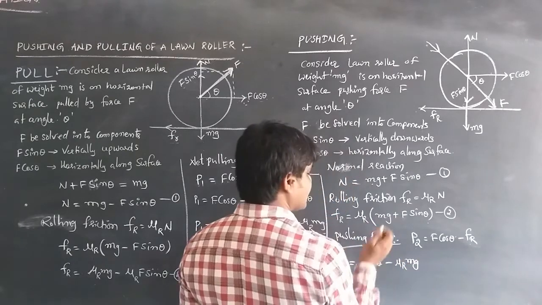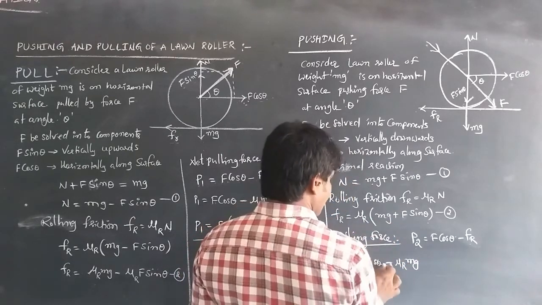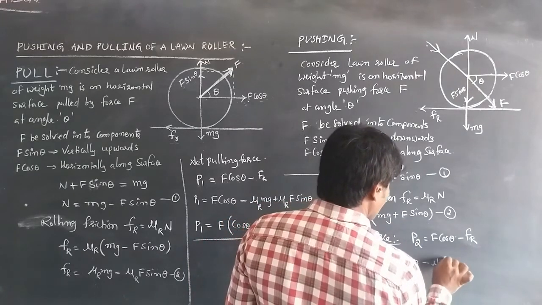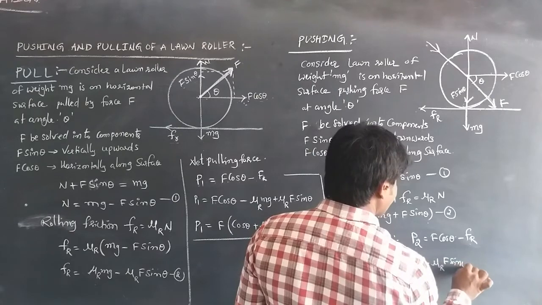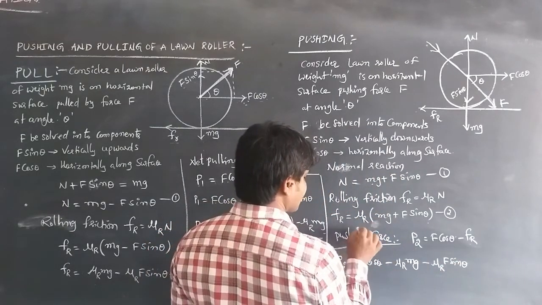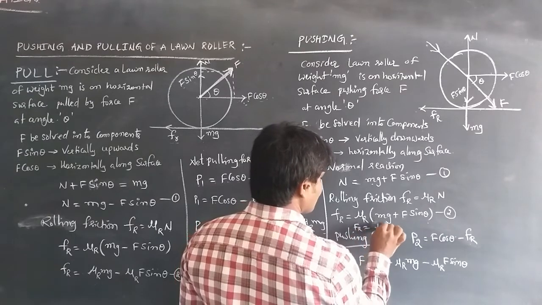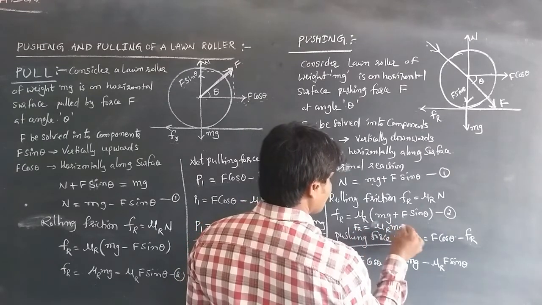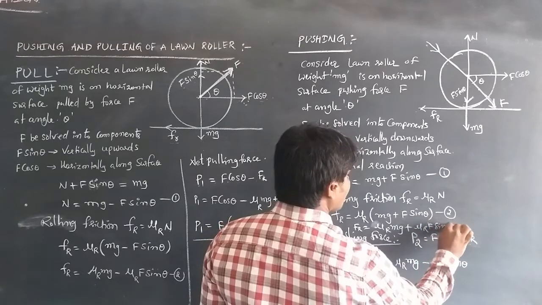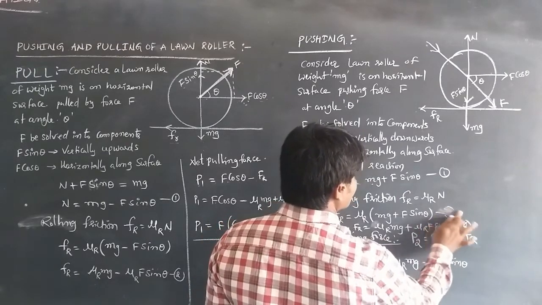We are multiplying inside, minus into plus, minus mu r F sin theta. Here also we can write the same equation, Fr is equal to mu r mg plus mu r F sin theta. Consider this equation number 2.